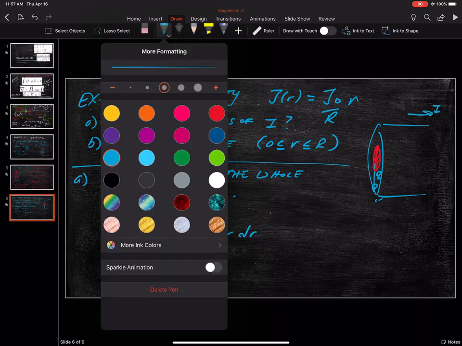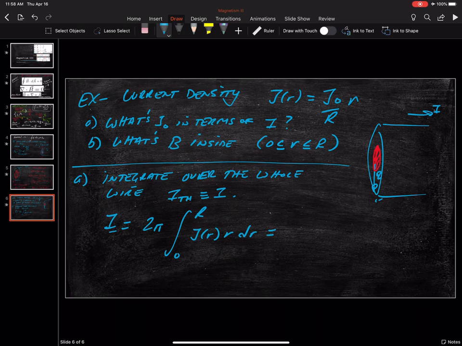First thing I'm going to do is work this out. This becomes 2 pi J0 over R times the integral of R from the J, and I end up getting R squared over 2 when I do that integral. You can see where it comes from. I just don't want to take the time to do the steps.